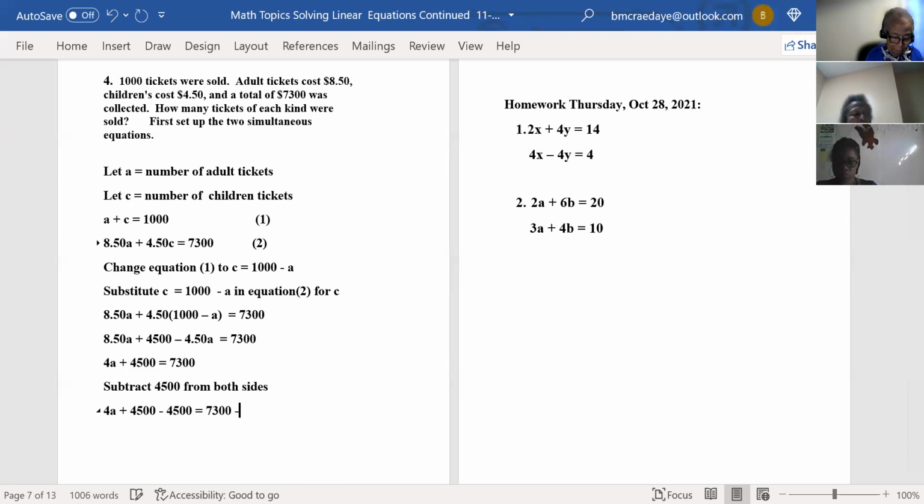And what do we get on the left side, Maureen? What's 4A plus 4,500 minus 4,500? 4A.